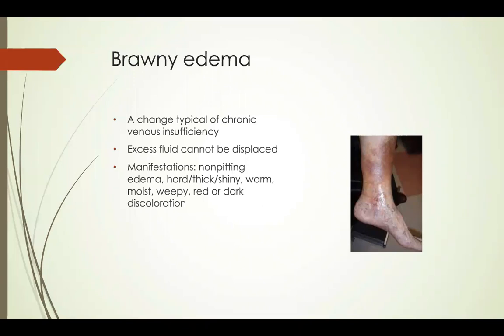Your body's not giving it enough oxygen, so you're not feeding your skin well enough. So it's non-pitting, hard, thick, shiny, warm, moist, weepy, red or dark maroony colored. These can end up having ulcers on them, and you can kind of see on the inside of the foot right there it looks like there might be some, and those are called venous ulcers, which we do talk about.